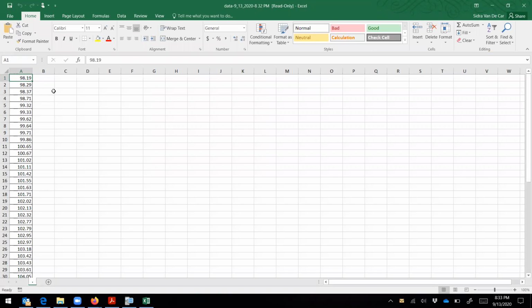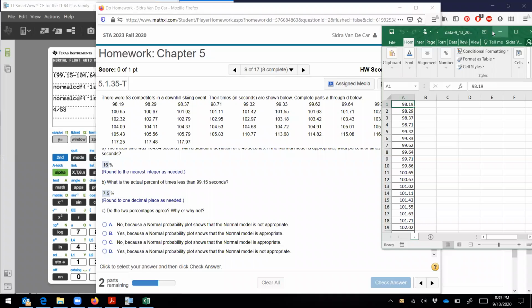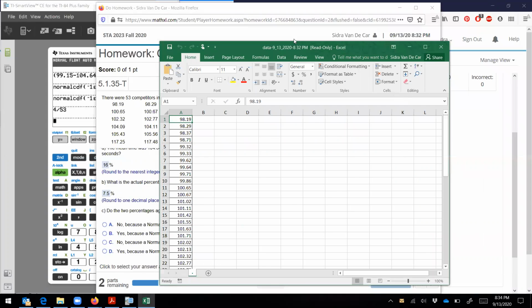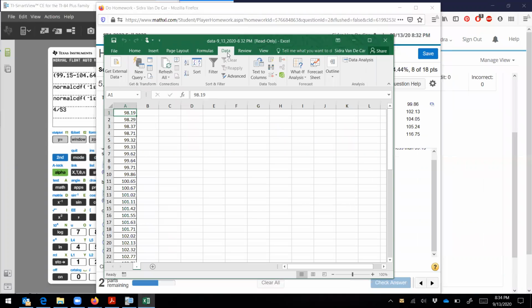Okay, so here's our data. If we go over to, and I have not shown you guys how to do this yet, but oh dear, this isn't big enough for me to move. Let me try. There we go. Okay, so if I go over to data, I've put the data analysis tab in here.